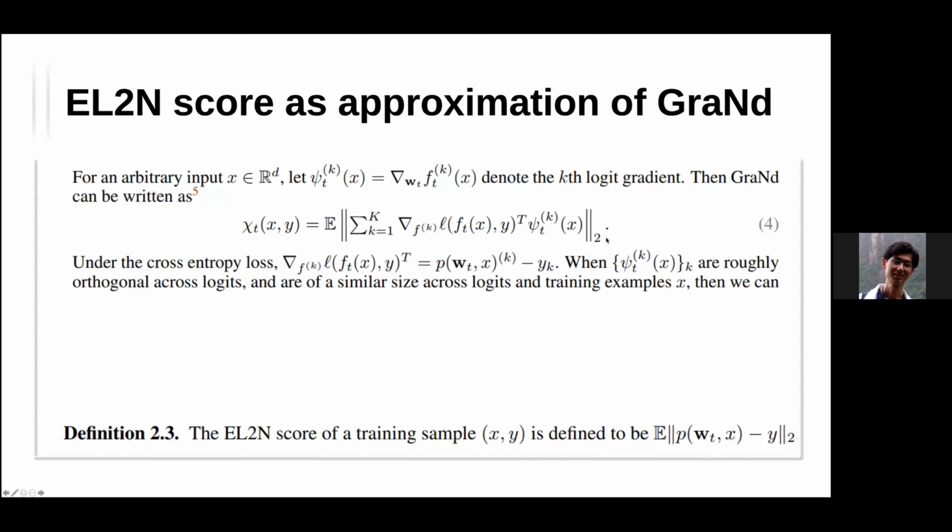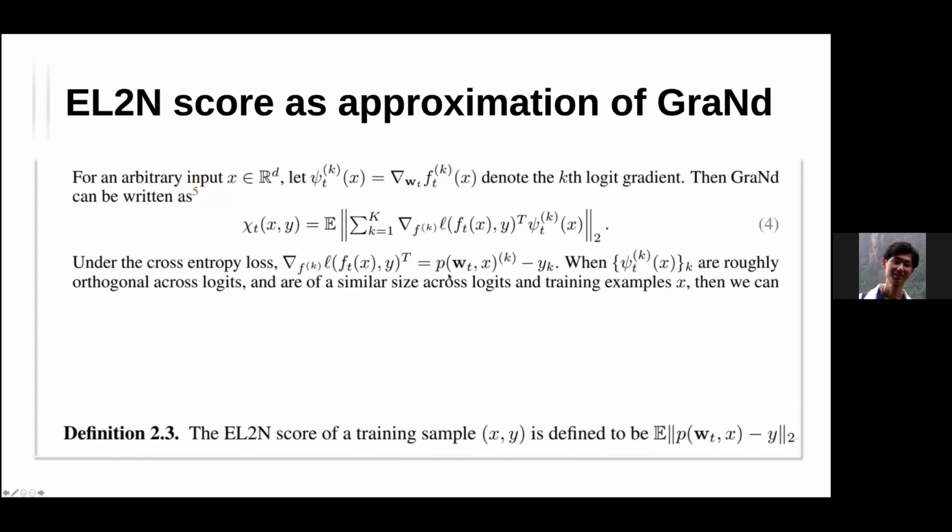So p minus y_k is basically the loss, and it's also the gradient. If you are interested in the detailed calculation to get this result, we can discuss it offline, but this is the result when you calculate the gradient with respect to the logit layer.